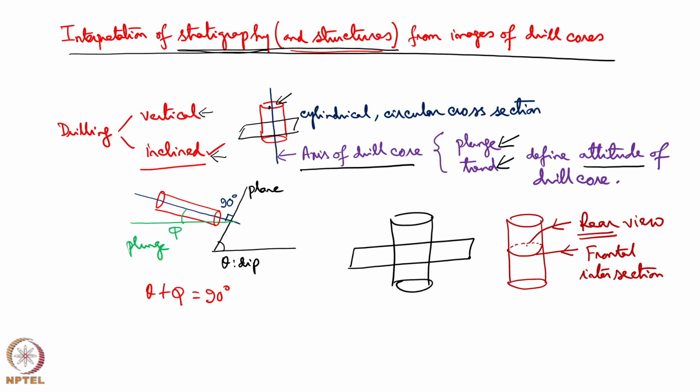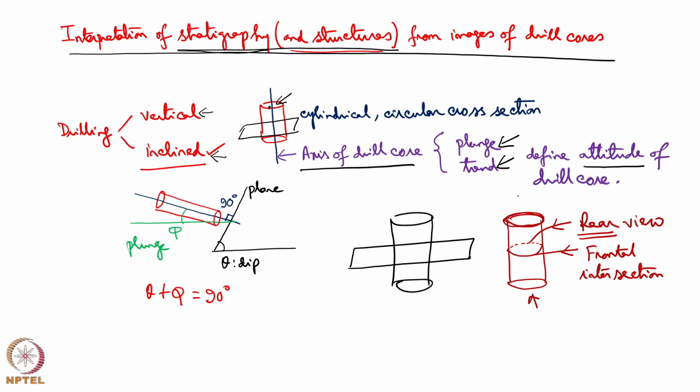One can understand it very well if you take a real cylinder with circular cross section. One can understand it very well by taking a paper and rolling it, making it a cylinder. Then you can draw this line over here, which is a horizontal plane, and this is circular.